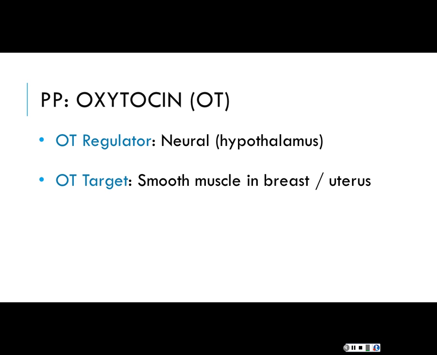For what most famous reason do you think oxytocin might target the smooth muscle in the uterus? Lactation, actually, milk ejection. So getting the milk out, and birth, contractions. You call it parturition. So delivering a baby, for example, is when you'll see oxytocin in its greatest surge.